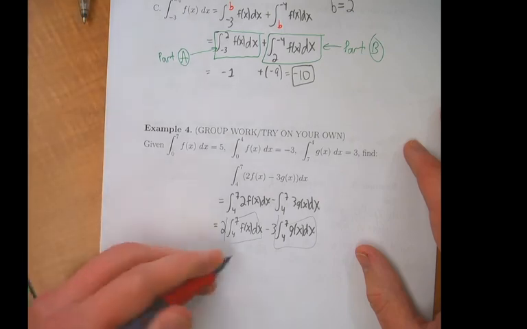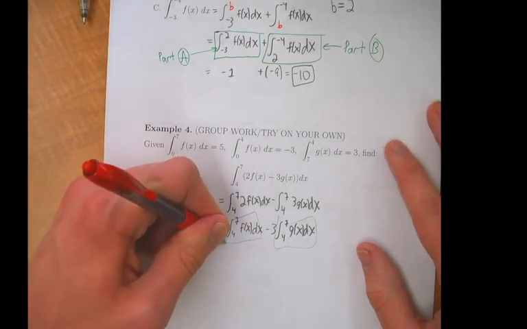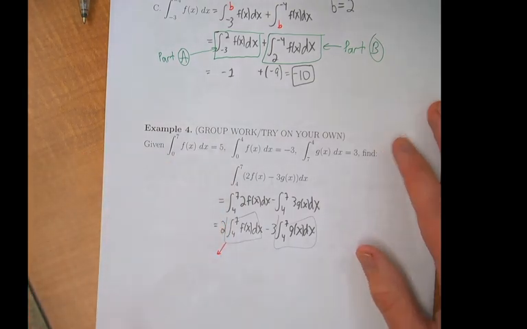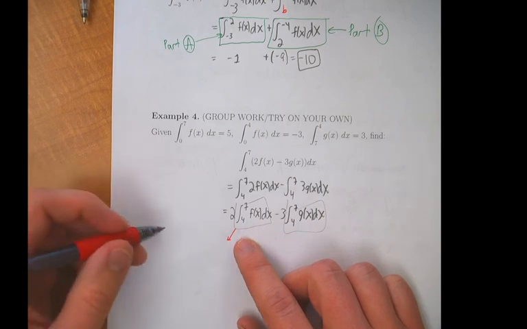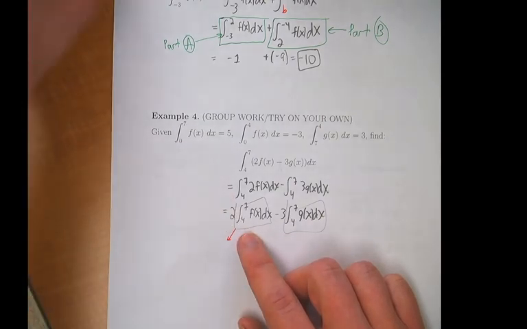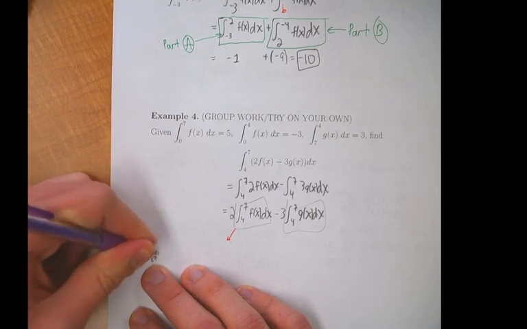Let's take a look at the integral from 4 to 7. How would we want to figure this integral out? The integral from 4 to 7 of f of x dx.